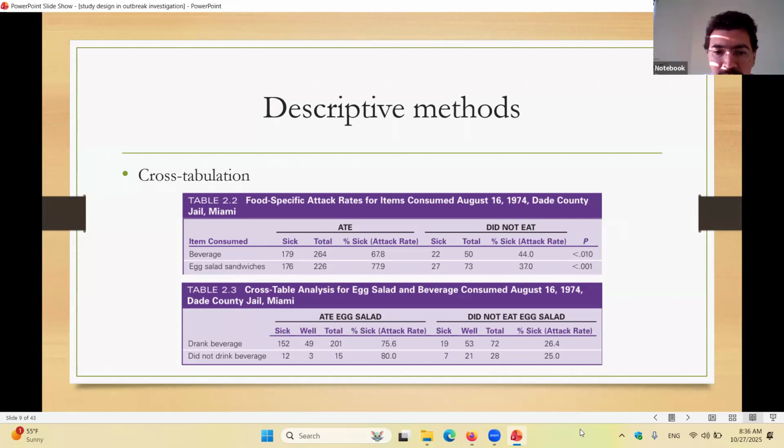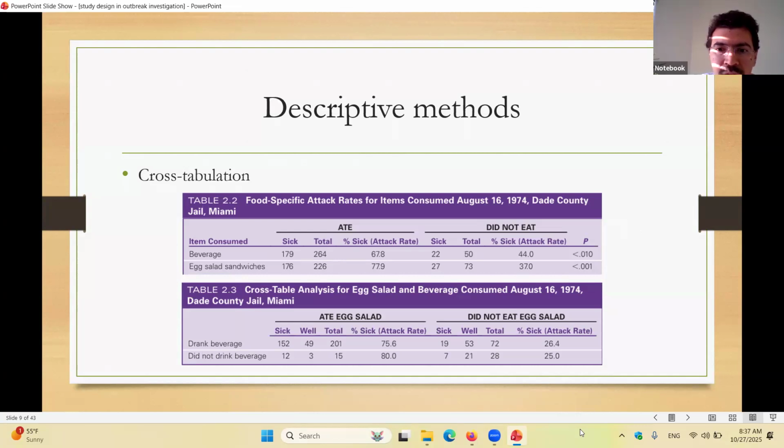As you see, for example, in the group that drank beverage, the attack rate is 75.6 versus 26.4. And for the group that did not drink beverage, the attack rate is 80 versus 25.